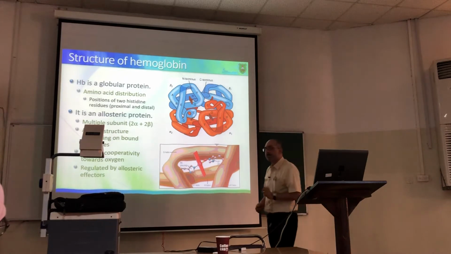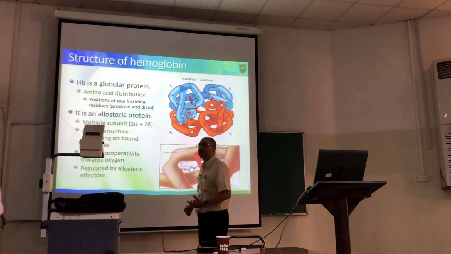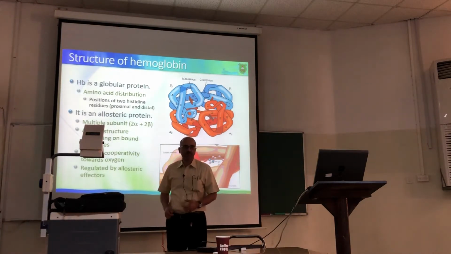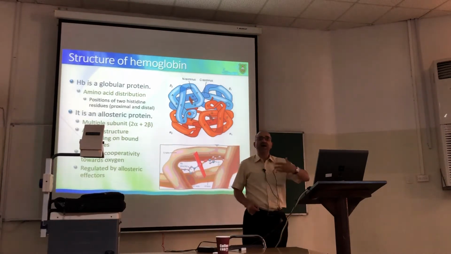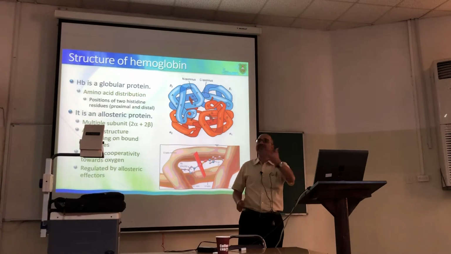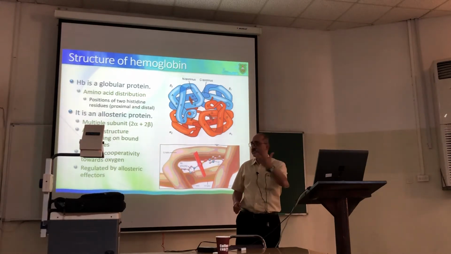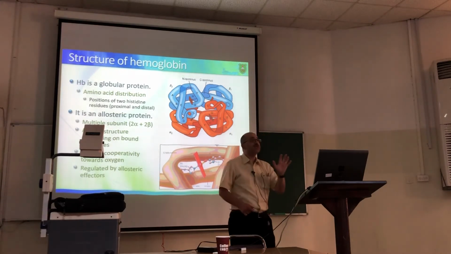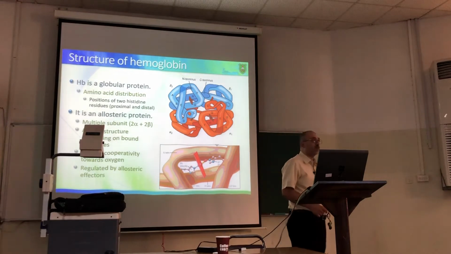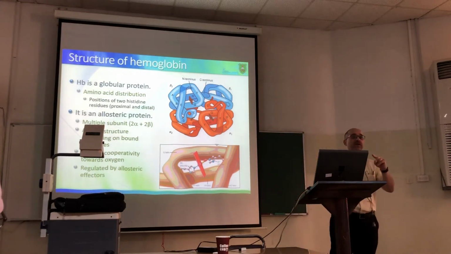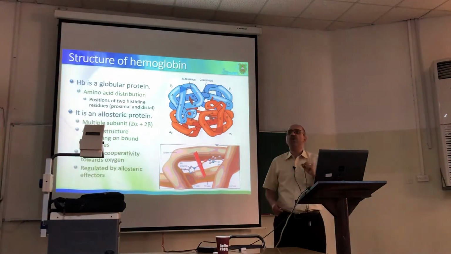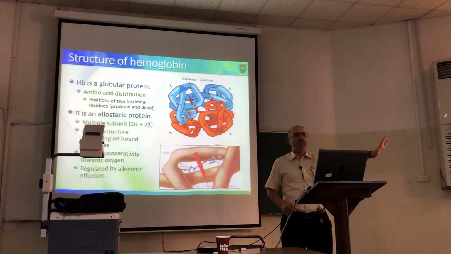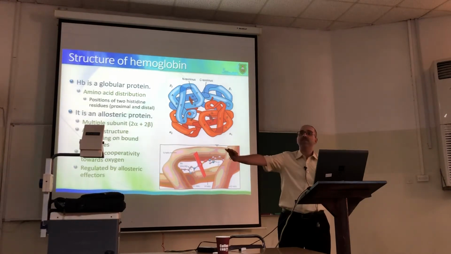Now, hemoglobin is also an allosteric protein. Allosteric means different shape. Allosteric proteins are characterized by having multiple subunits, multiple polypeptides. So they are not monomeric like myoglobin. No, they are multimeric.